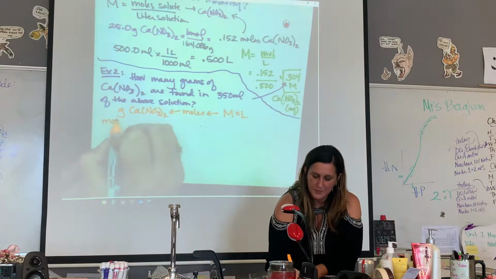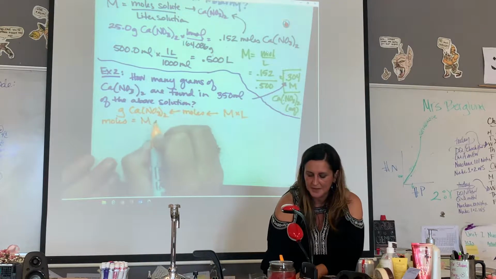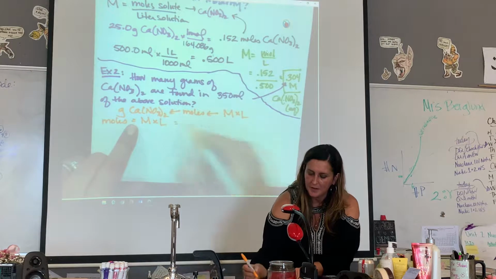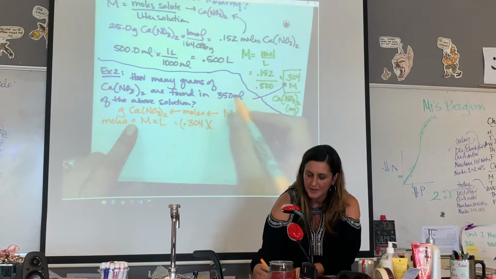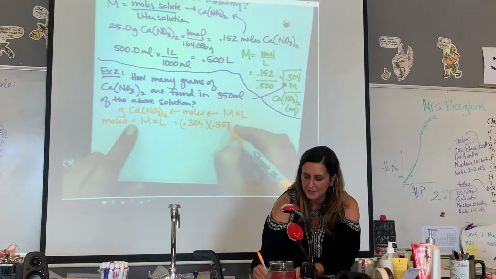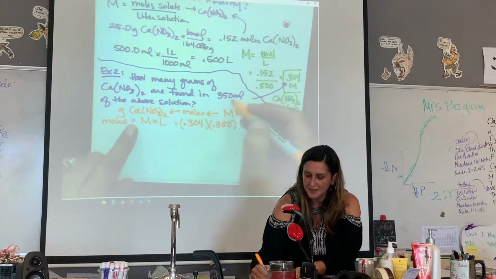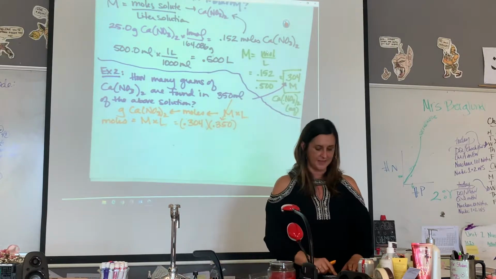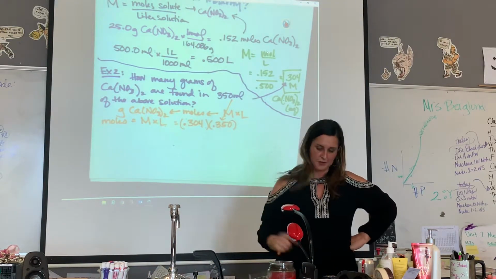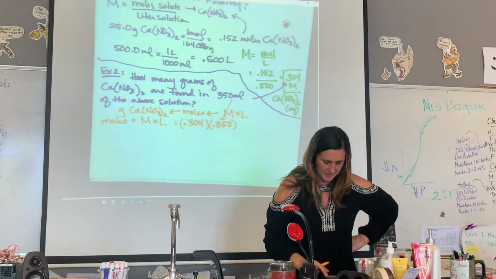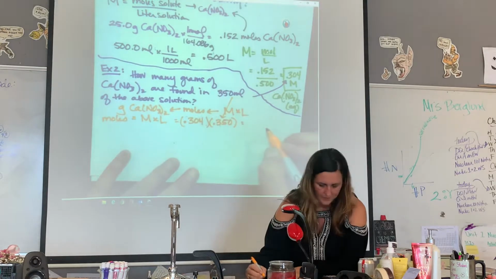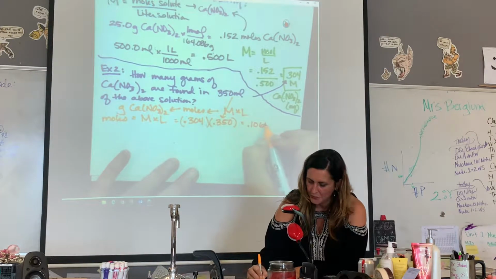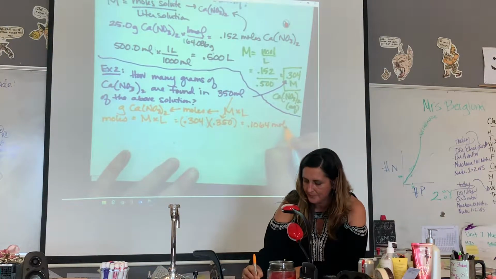So moles equals molarity times liters: 0.304 for the molarity, and the liters is 0.350. I changed the milliliters to liters without showing you the conversion factor, but I'm going to assume that you know how to do that. So we get 0.1064 moles of calcium nitrate.